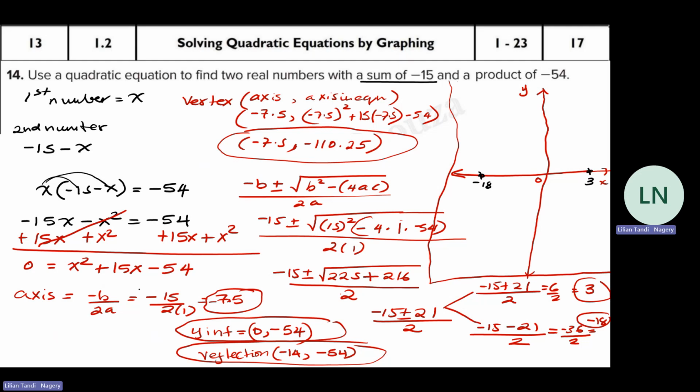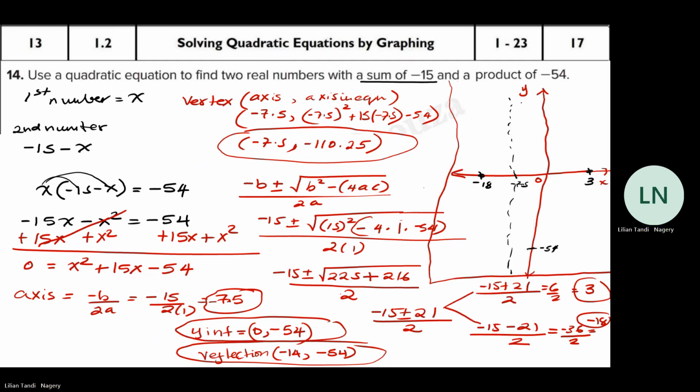Then do axis of symmetry. So axis of symmetry will be at negative 7.5. Here, negative 7.5. Draw your broken line vertically. Okay? Like that. Then after that, do y-intercept. Y-intercept will be negative 54. So negative 54 will be here.